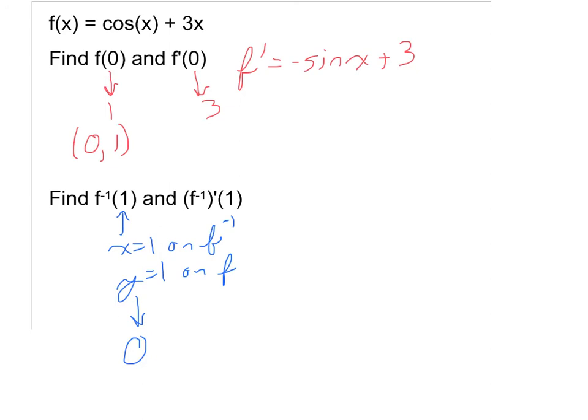So that means that's the y value here, because x's and y's are switched. So that means when we're dealing with the derivative of the inverse, when x is 1 on the inverse, that's 1 over the derivative of the function when the y value is 1 on the function, which meant 0 for the x here, which we already found was 3, so this equals 1/3.